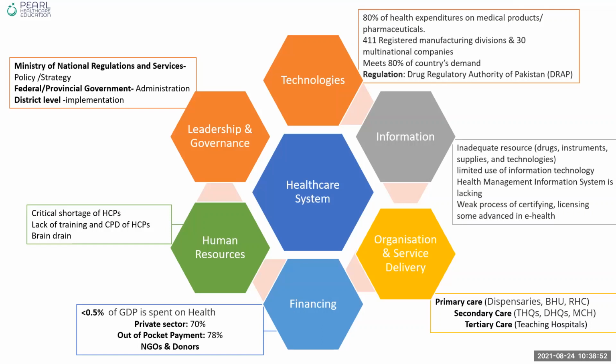The Drug Regulatory Authority of Pakistan, known as DRAP, is responsible for regulating the medicinal products of pharmaceutical industries and other aspects. So that's the healthcare system in a nutshell, and the issues which are affecting it.